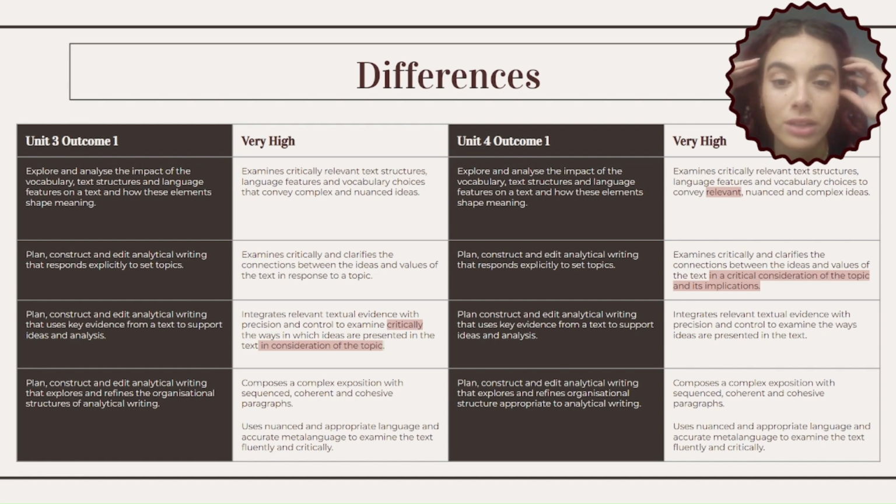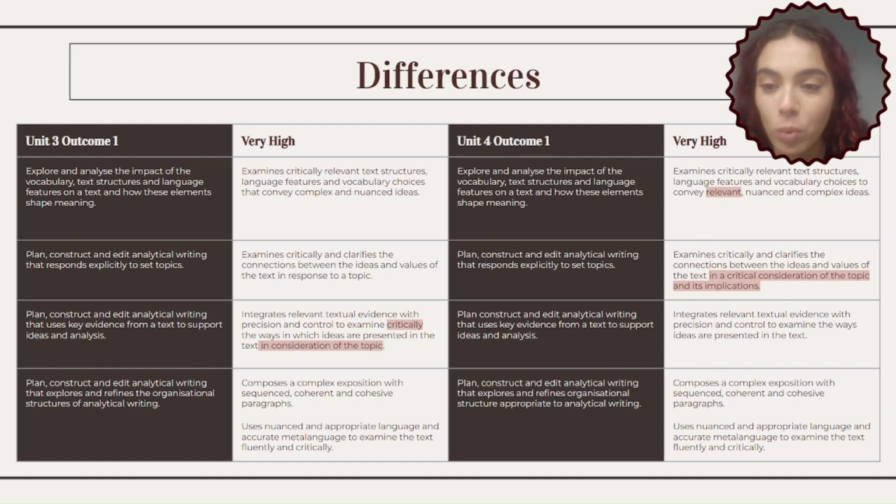They've added the word relevant to convey relevant, nuanced, and complex ideas. This is a way that they're narrowing the scope. Maybe you were including stuff that was accurate, sure, it does connect, I see that, but now they're saying it has to be relevant. You may be right, but it has to be relevant to what's going on in your writing and in what you're discussing, okay?